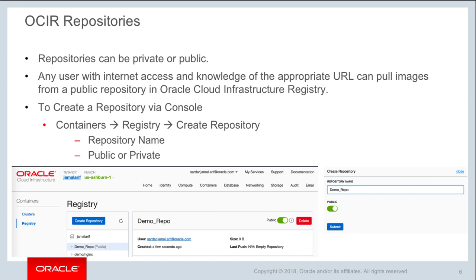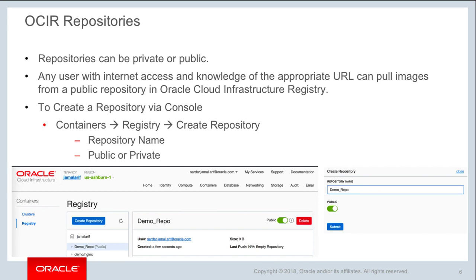So how do you create a repository within the registry service? You can create private or public repositories. All you need to do is navigate to the registry service itself, and when you're creating a repository, it just asks you for a repository name and whether that repository is public or private.